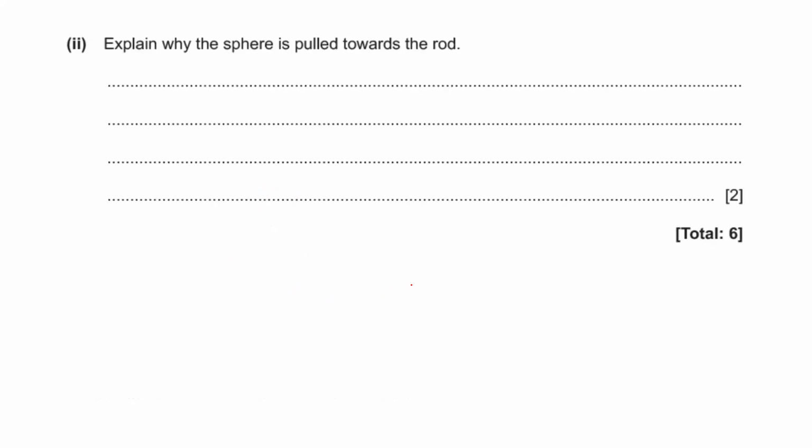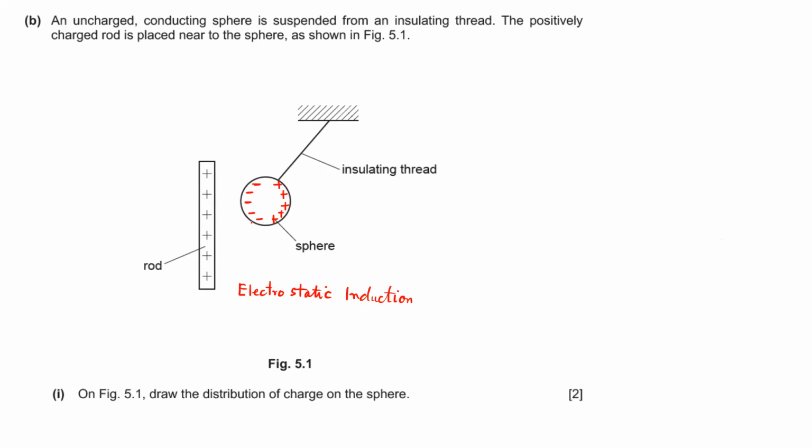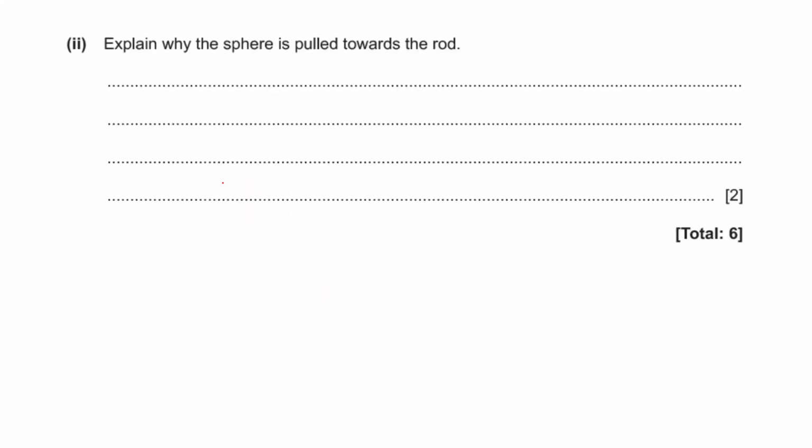Next part, explain why the sphere is pulled towards the rod. So this sphere is pulled toward the rod because negative charges are induced on this side and positive charges are moved away to the other side, and these negative charges are attracted towards the positively charged rod. This results in a force in this direction, and thus the sphere is attracted to the rod. We have to write this in words.